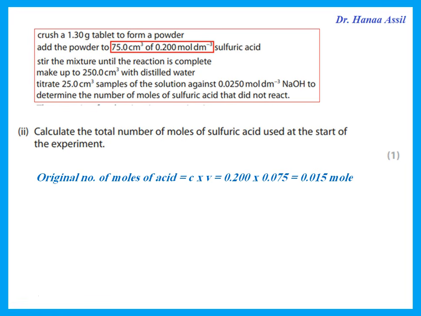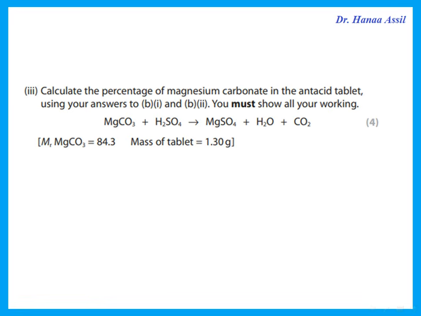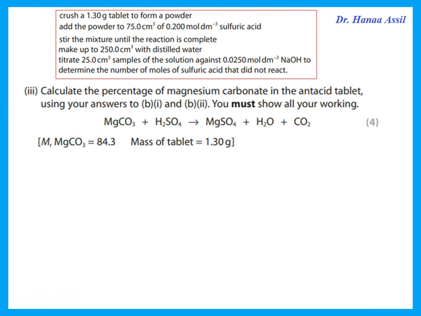Remember that I started with this number of moles of acid, then some of it reacted with the carbonate in the tablet, and then I titrated what was left with the sodium hydroxide. So now he's saying calculate the percentage of magnesium carbonate in the antacid tablet. Okay, going back again, of course he says you must show all your working.